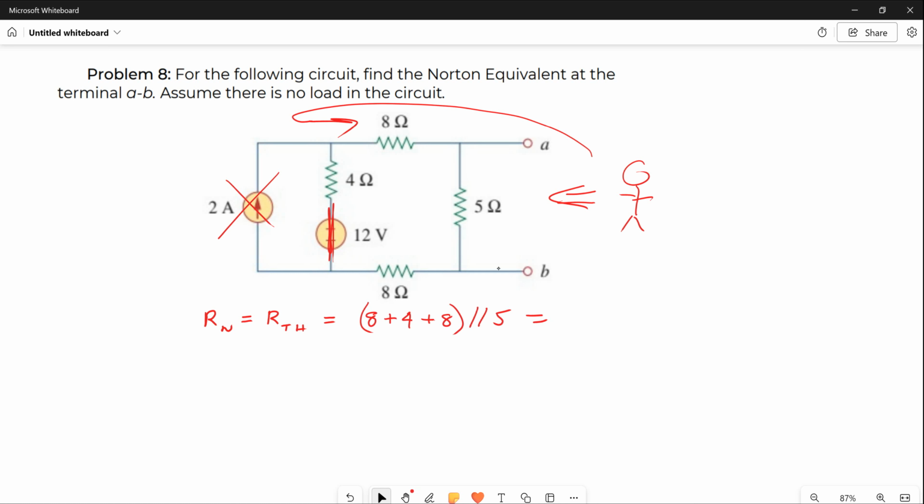And when you work that out, you get 20 in parallel with 5. So your R Norton in that circuit is simply equal to 4 ohms. Pretty easy to work those problems out when you have all independent sources. Let's look at another one.